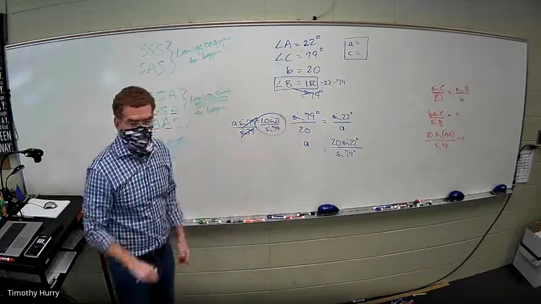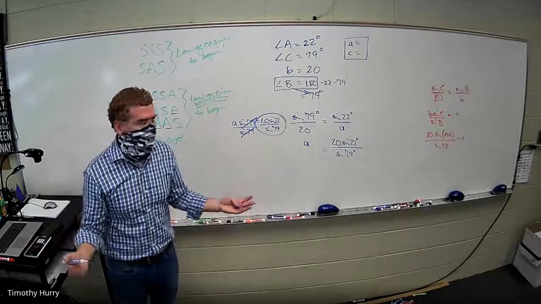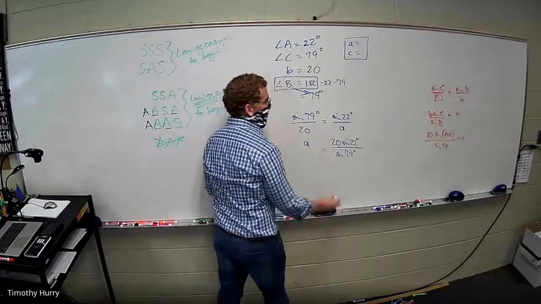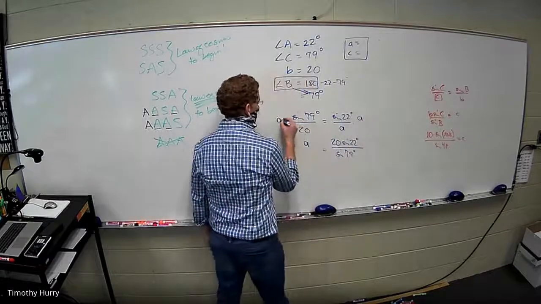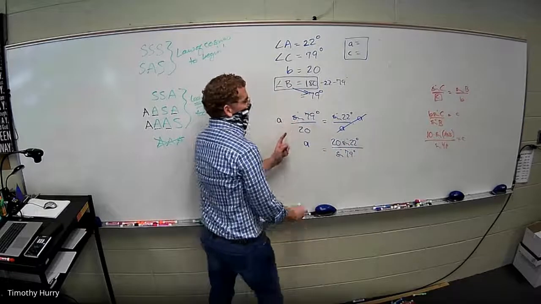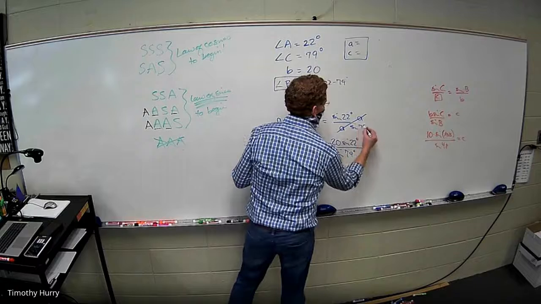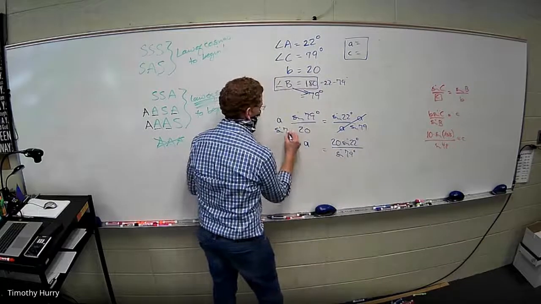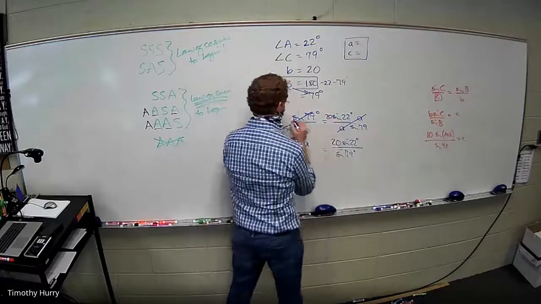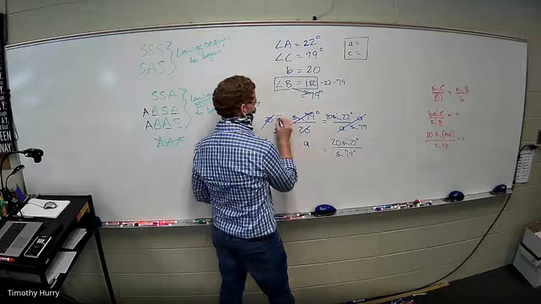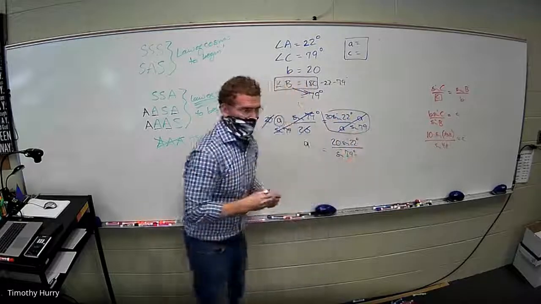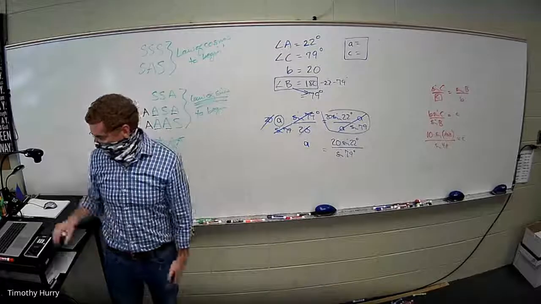Same thing. Heck, even cross multiplying is a made up rule. What you're really doing right here is saying, I want A on the top. I'm going to multiply both sides by an A. Now A is on the top. I want sine of 79 gone. I'm going to divide both sides by a sine of 79. And I want 20 gone. I'm going to multiply both sides by 20. A equals 20 sine 22 over sine 79. But if you like the slide rule like I do, knock yourself out.